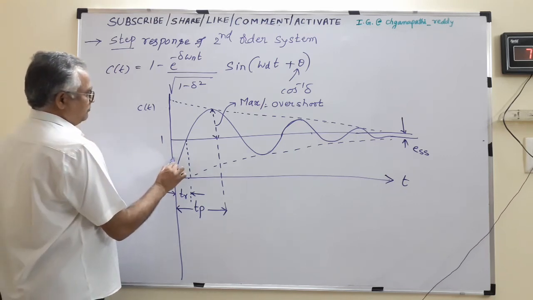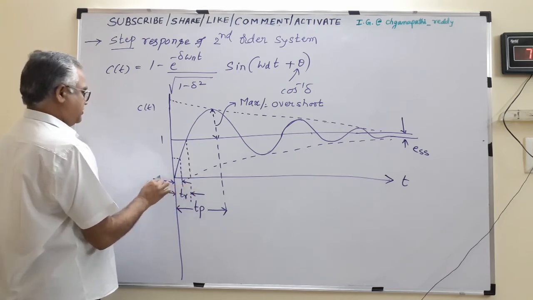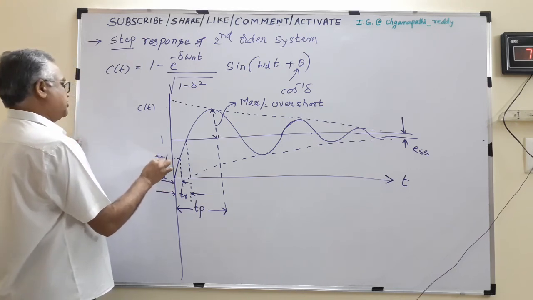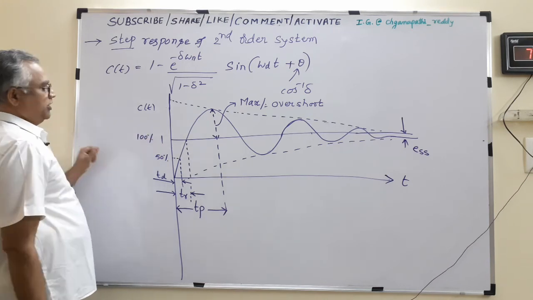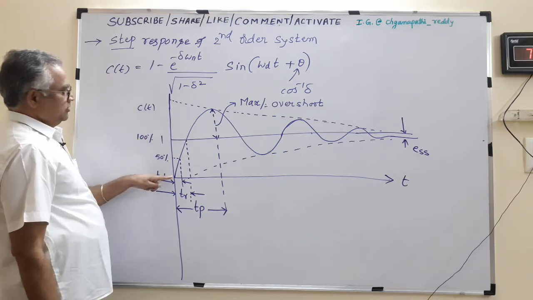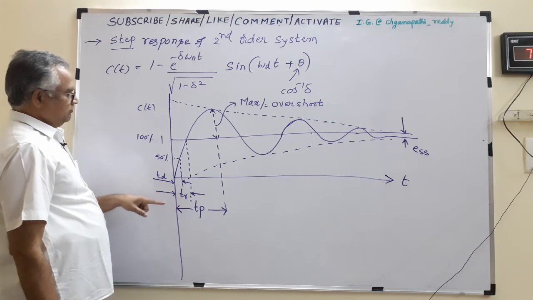Then delay time. This is the delay time. The time taken to reach 50% of the final value is the delay time. The time taken to reach 100% of the final value is the rise time.